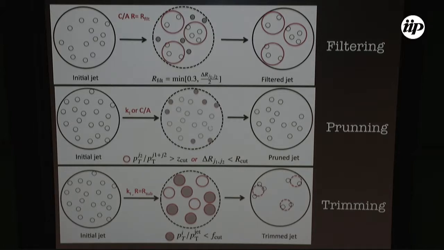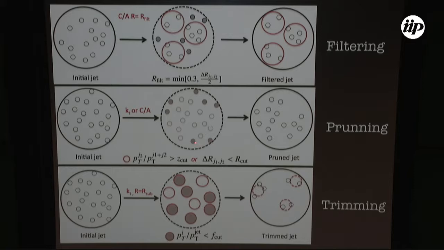Right. So, a one slide summary of the grooming techniques. Filtering is what you mentioned. Essentially, you pick out 3 hard radiations because we expect if it's a 2-prong decay, then there may be 1 extra jet. Even if it's top, it's a 3-prong decay. Pruning: for all of these algorithms, you step back in the clustering history and start from the original clusters.